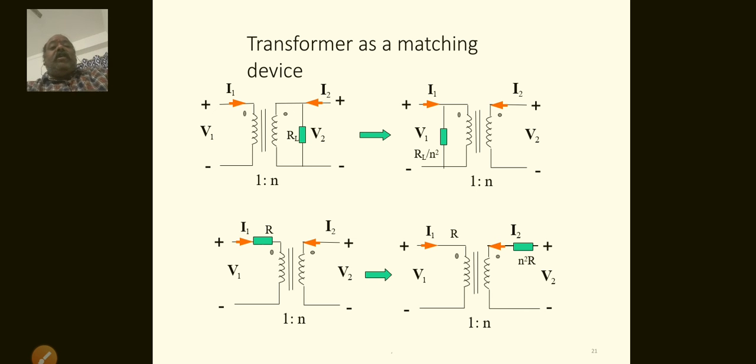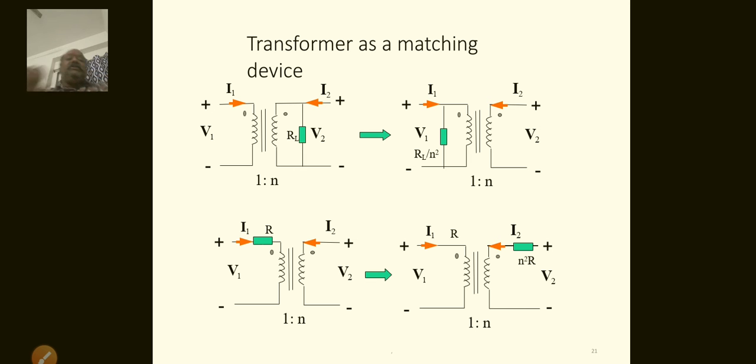But now R is the resistance of the primary, and it should be connected, matching the impedance in the secondary, which is n square into R. That means R1 by R2 is equal to n square. That is actually the relation between the primary and secondary windings, or N1 by N2.